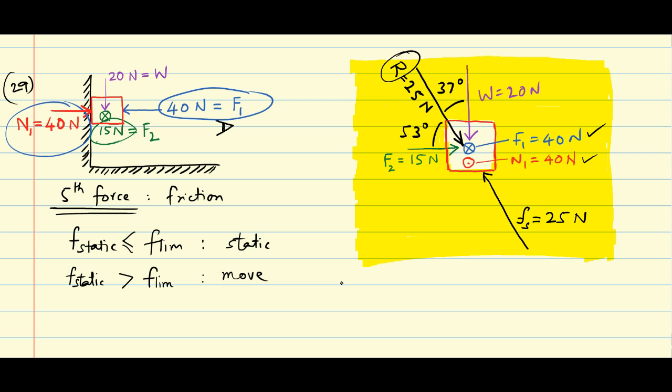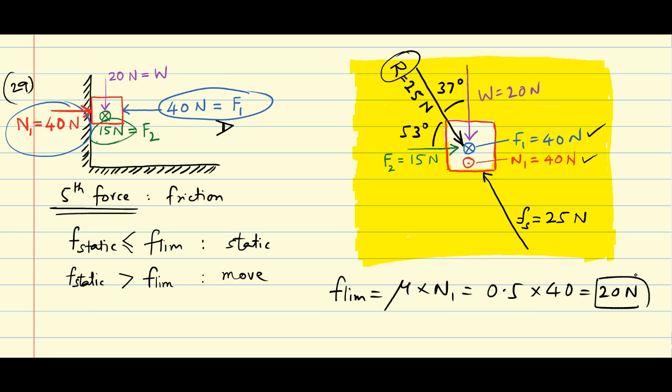Now let's calculate what is the limiting frictional force. The limiting frictional force is the coefficient of friction multiplied by the normal reaction, that's 0.5 multiplied by N1, which is 40 newtons. So that turns out to be 20 newtons.